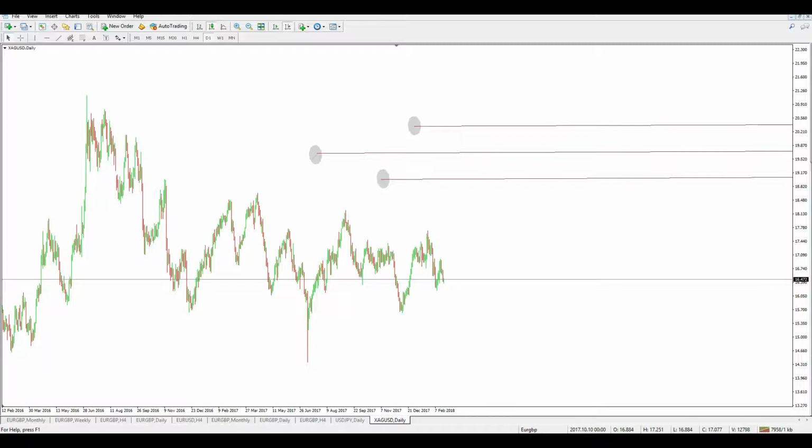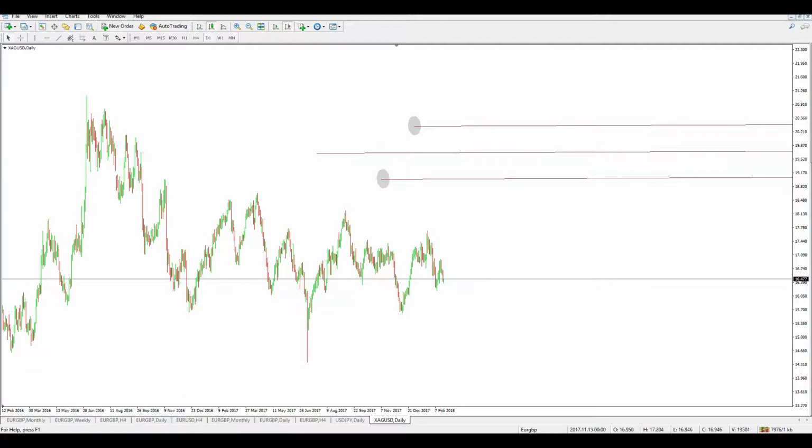While the first one and the second one aren't that important, I mean, they are important, but they won't change the angle, it is very important where you place the third one. The aim of this analysis is to show you how to use the Andrews Pitchfork in trading and what the ins and outs of it are. Let me show it to you.